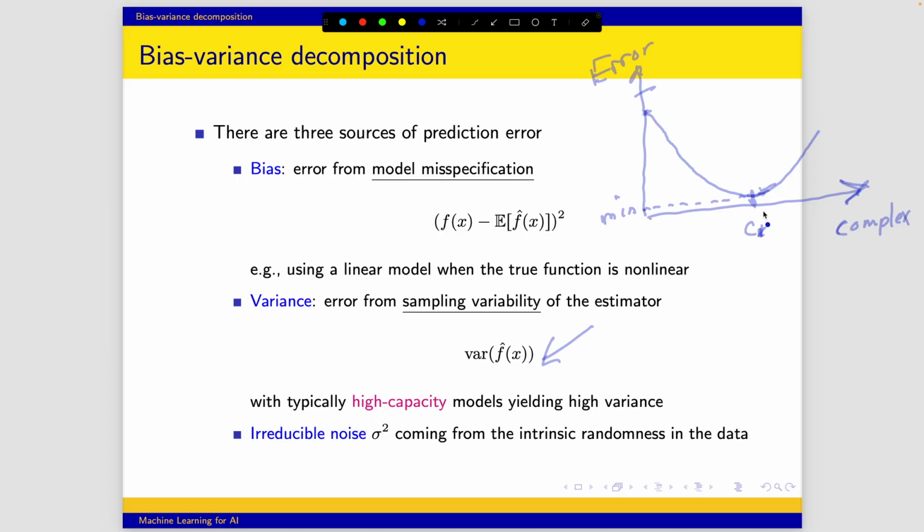If we go any higher in complexity, for example, we're using a polynomial and we go up to some degree n, there would be some n star, some ideal polynomial degree, and lower than that would be in this regime here. We'd have high model bias but low model variance.